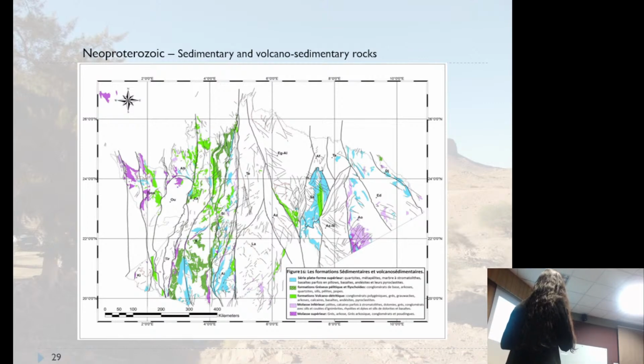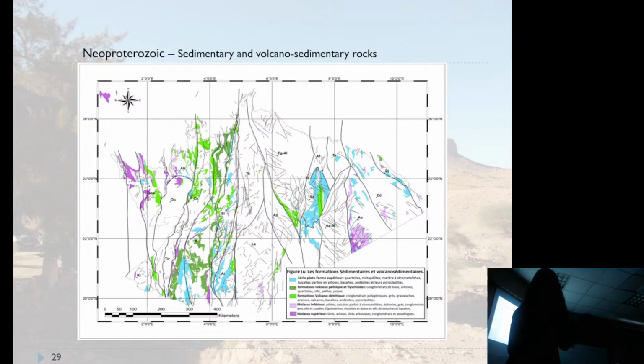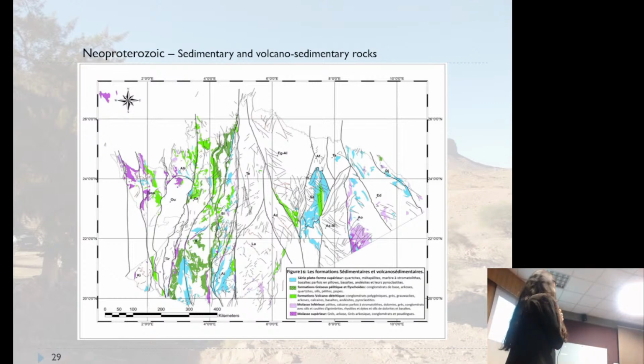But to me, as long as we lack age dating and some geochemistry, it's hard to be sure. For example, in this area they talk about upper platform and lower platform. They just give different lithologies to them, but that's all. They don't give specific ages or chemical signatures.